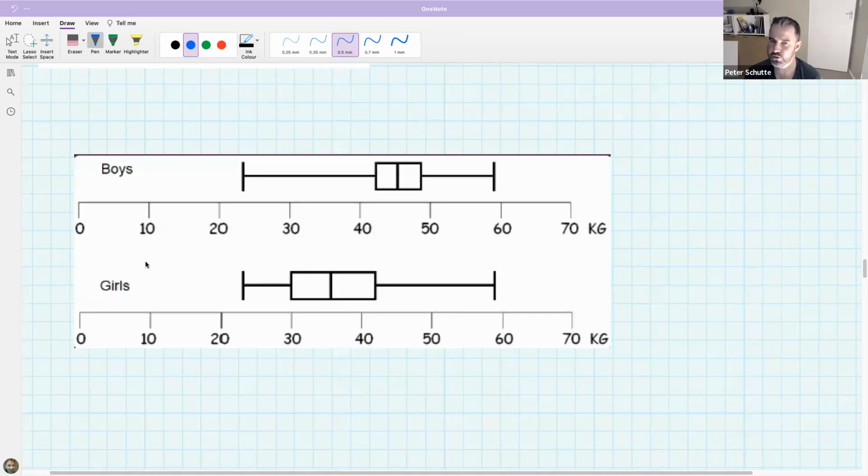Whiskers can be very helpful because they tend to stand out. So why don't we do this example? Tell me the skewness of the distribution of the weight of boys. So tell me what you think about boys. What is the skewness of the data for boys? And what is the skewness or how would you describe the distribution of the data for girls? Looking at the data here.